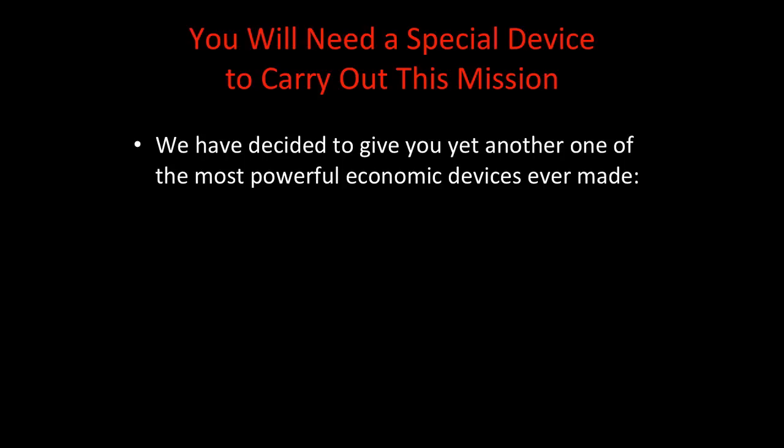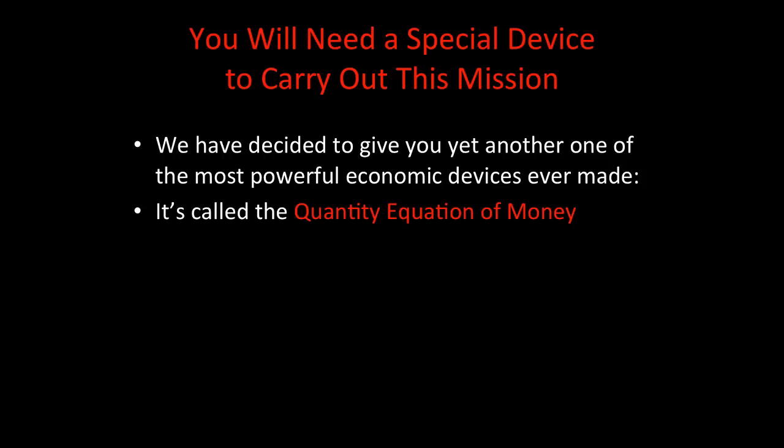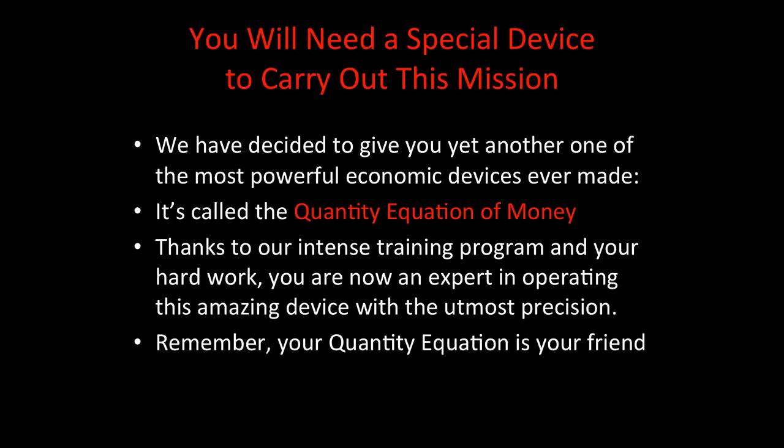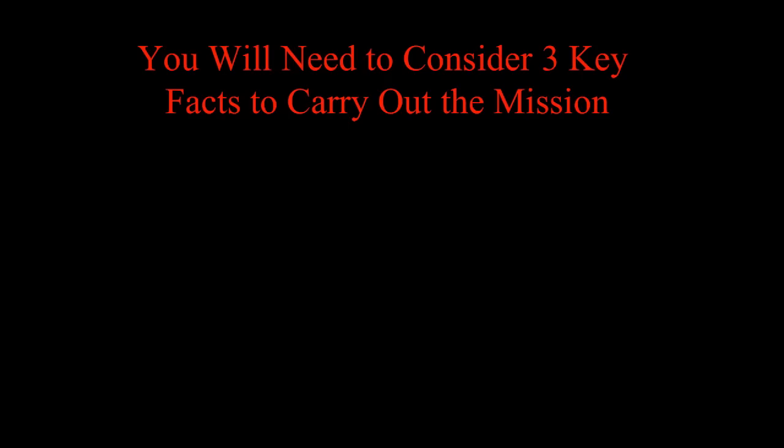And we have decided to give you yet another one of the most powerful economic devices ever made. It's called the quantity equation of money. Thanks to our intense training program and your hard work, you are now an expert in operating this amazing device with the utmost precision. Remember, your quantity equation is your friend.